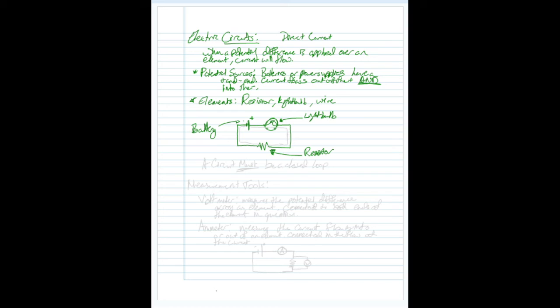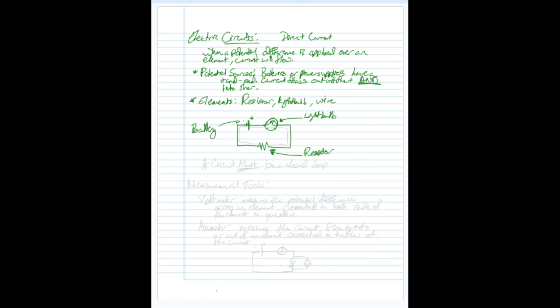A resistor is a material that, as current flows through it, resists that flow of current. Typically, resistors are made of wire that's been coiled around and covered in some form of, usually some form of ceramic. Light bulbs and resistors behave very similarly in circuits, so we're typically going to only focus on resistors as elements of a circuit.